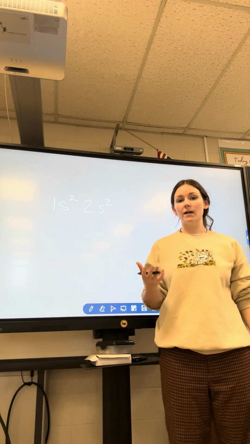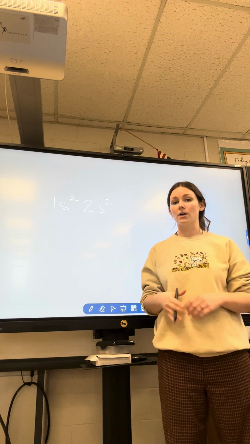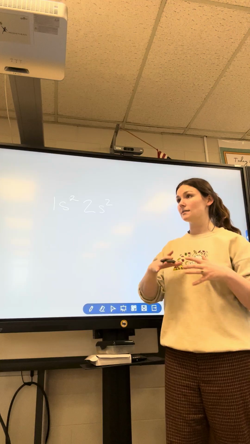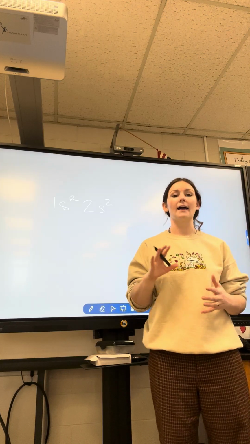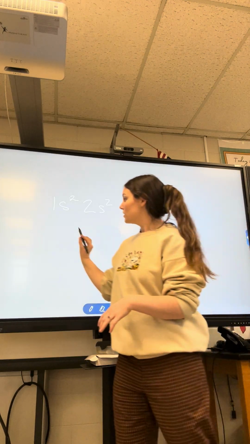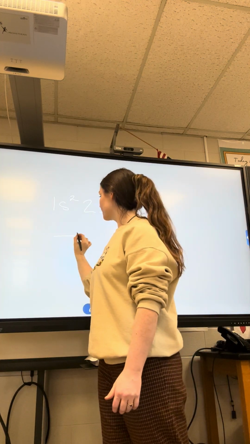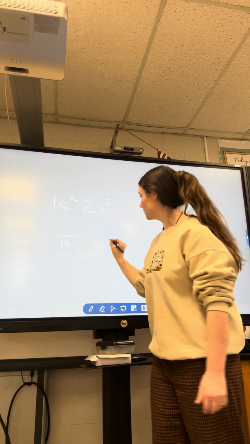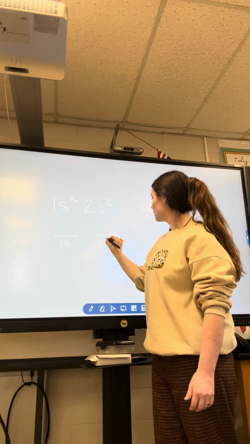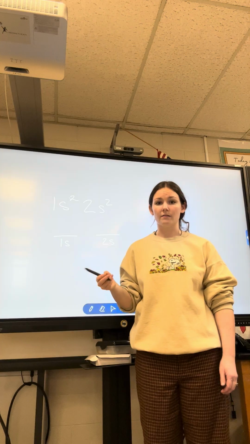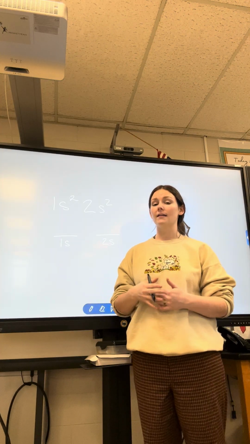Now your professor might also ask you to do the electron diagram of your atoms, which just showcases the electrons and their spin. So let's take beryllium again, for example. We have 1s and then 2s. I'm only drawing one line because remember that they act in pairs.